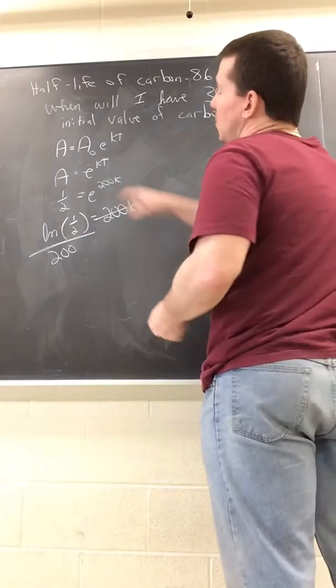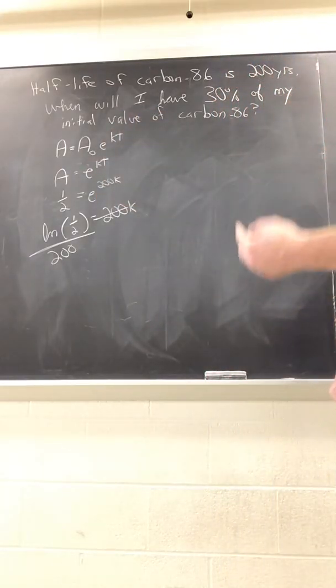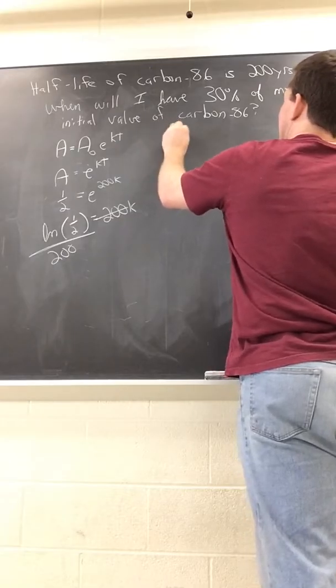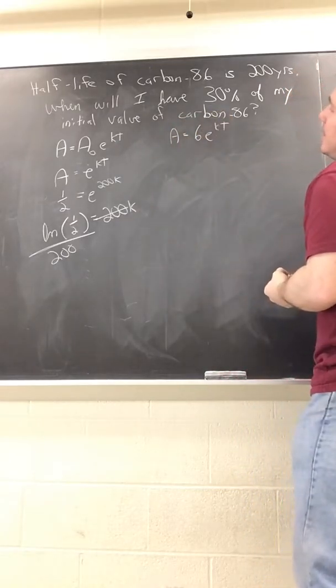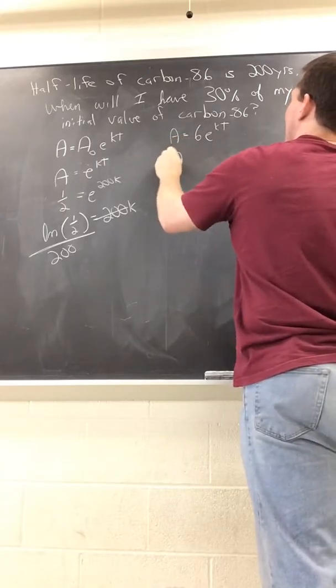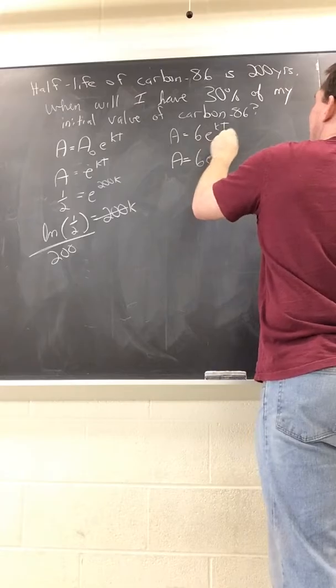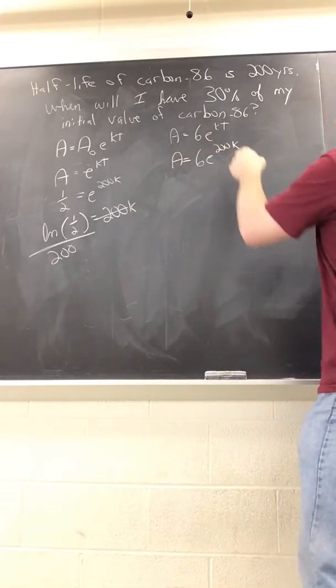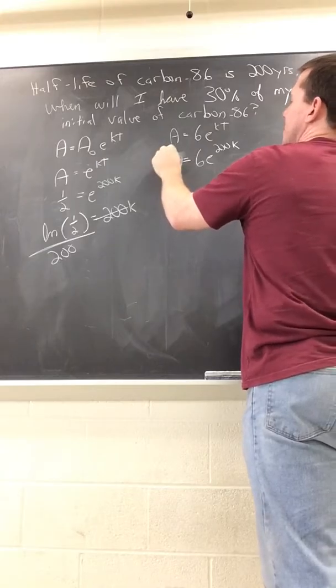What if instead of using 1 gram as an initial value, because I just made that up, I used 6? Well, then I would get A equals 6 e to the kt. If I then use my half-life, I would get A equals 6 e to the 200k. But when time is 200, that's the half-life, so I have half of what I started with, which is 3.